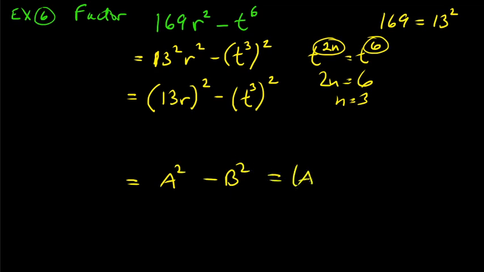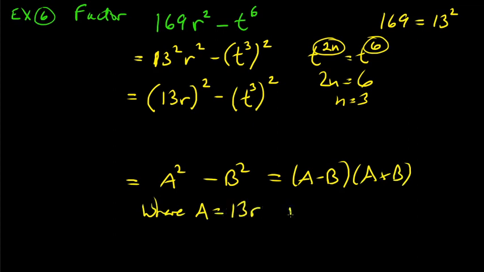right, which will factor as a minus b times a plus b. So here a is just 13 times r, and b is just t cubed, t to the 3.